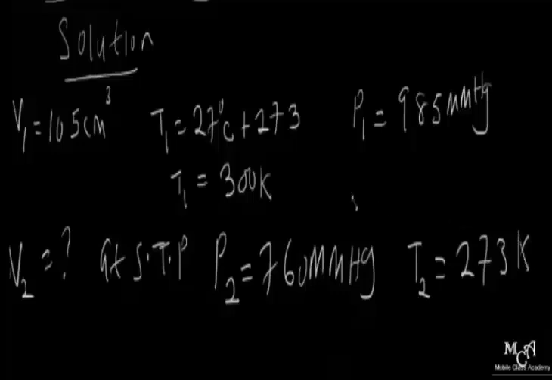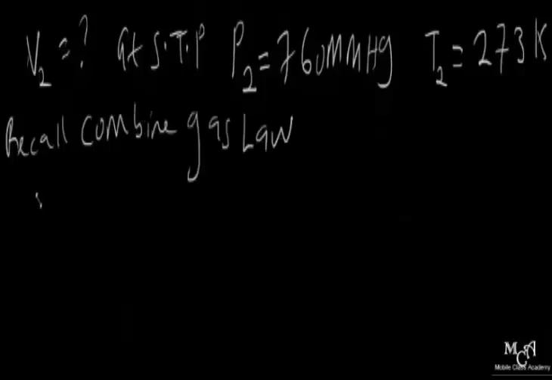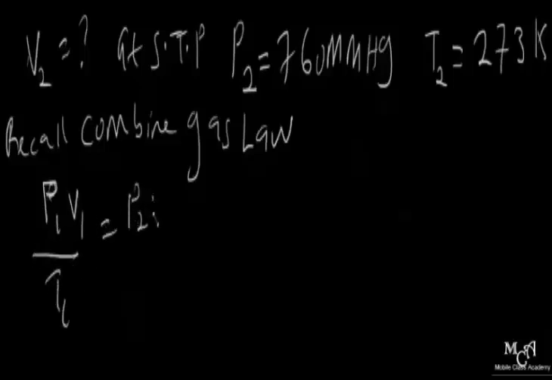So these are our parameters. We have V1, we have T1, we have P1, we are looking for V2. We are given both P2 and T2 from the question above. So what law is this? Recall the combined gas law: we are combining both Boyle's law and Charles' law. P1V1 over T1 is equal to P2V2 over T2.